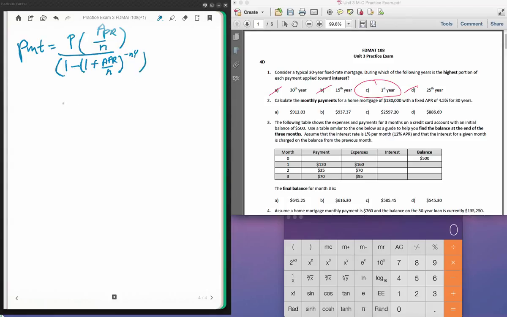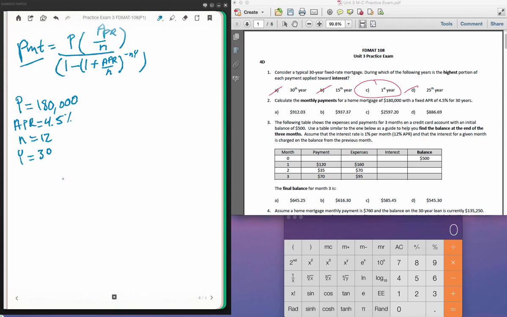So now that we have that, we need to find each of those values. We're looking for payment, so we need all the other values. We know the principal will be 180,000. We know that our APR will be 4.5%. We know that the number of periods per year is 12, and the number of years is 30.